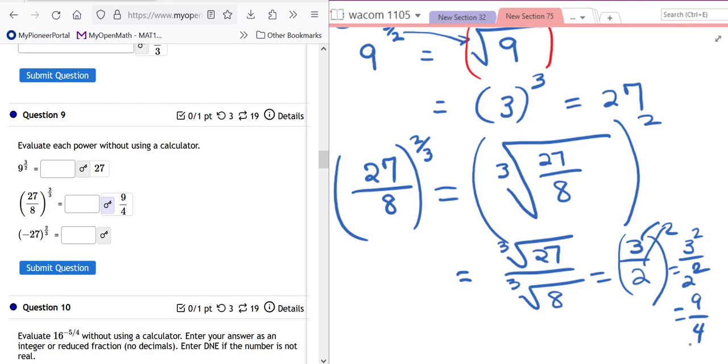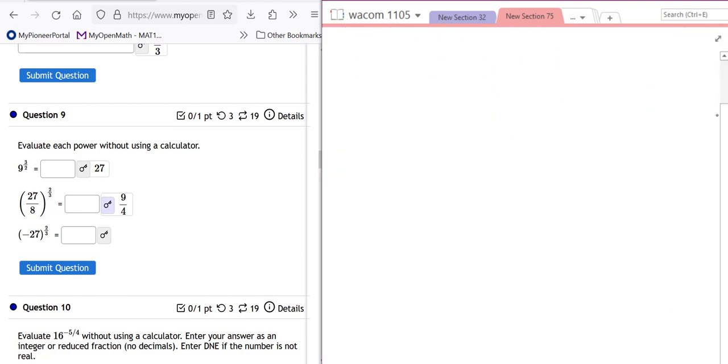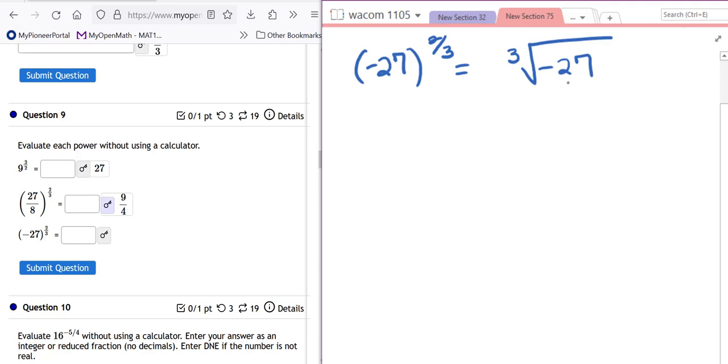Right? And this one has negative 27 to the 2/3. Probably better get a new sheet here. So this is the cube root of negative 27, which a cube root is okay. 27 is a perfect cube. It's a 3. So we will put the 2 on the outside.